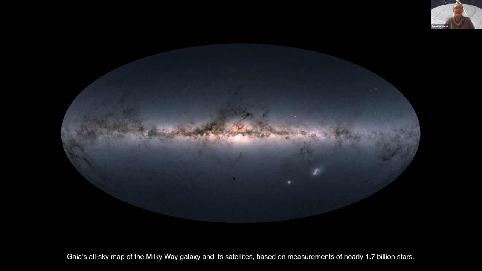This image is actually made by observing the brightness of individual stars, and then this image has been constructed from all those individual measurements. And so these are all of the stars in our Milky Way that are observable from this satellite called Gaia.